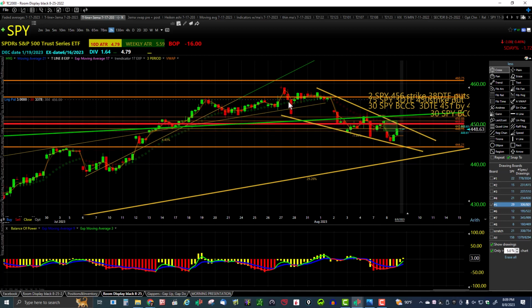And that's what I'm playing, these channels and patterns. And that's why I like to use these 3 to 10 day options for the purposes of playing those out.